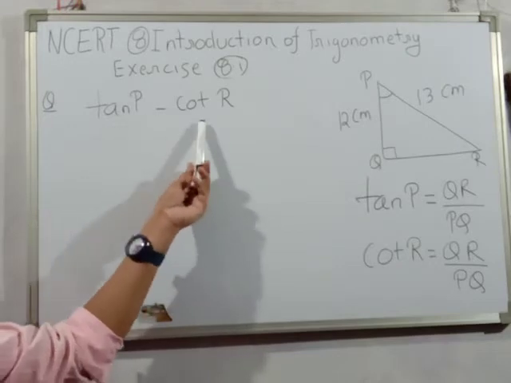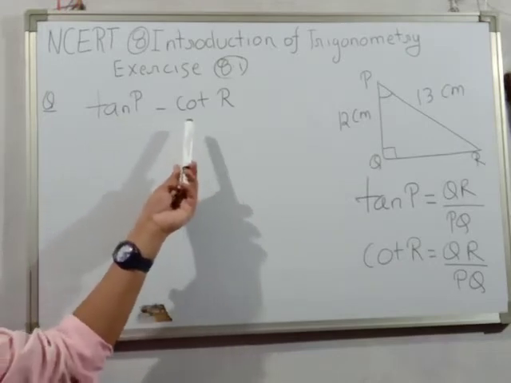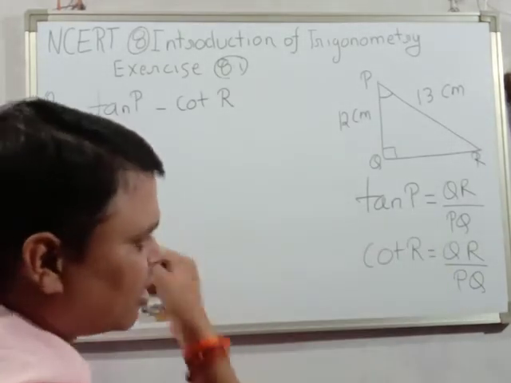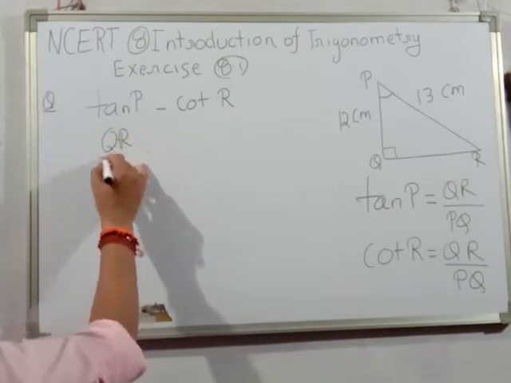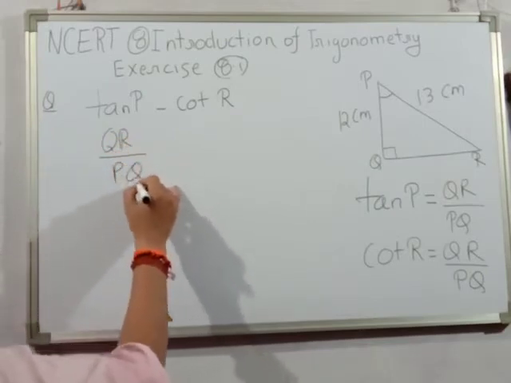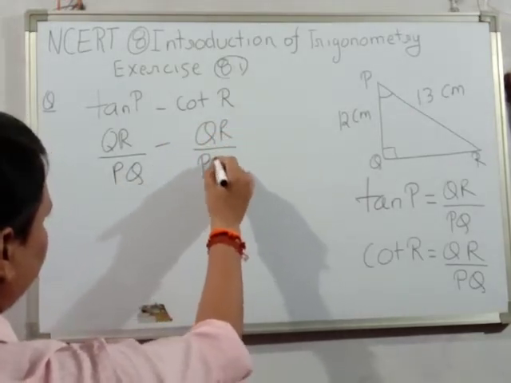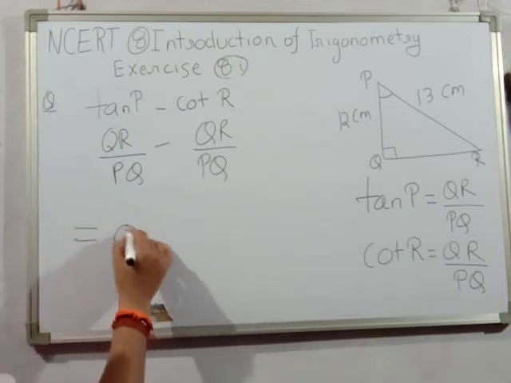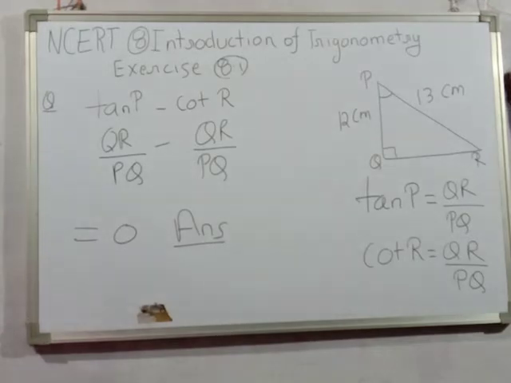When we subtract tan P minus cot R, we get QR by PQ minus QR by PQ. Both are equal and cancel, so the answer is 0.